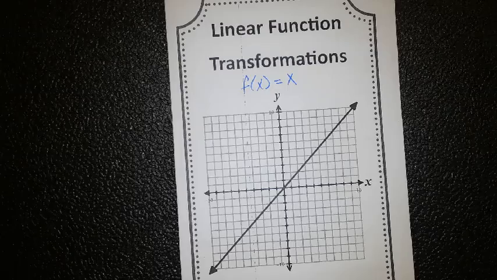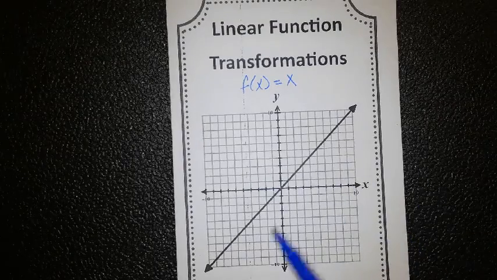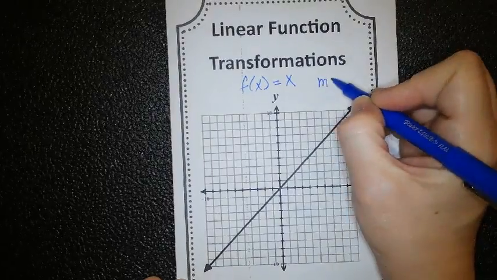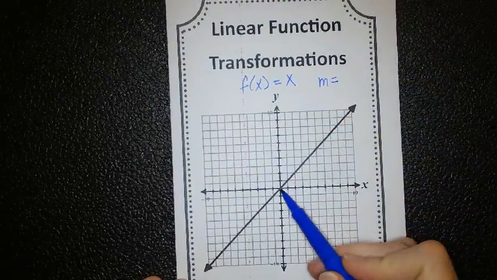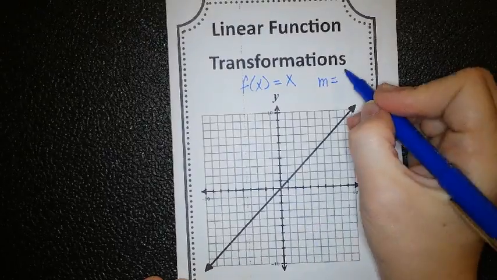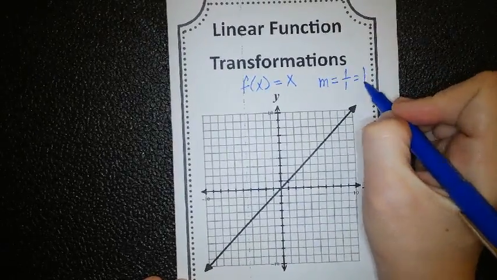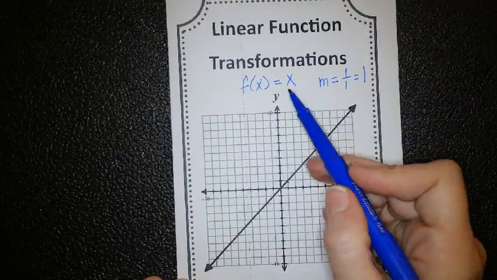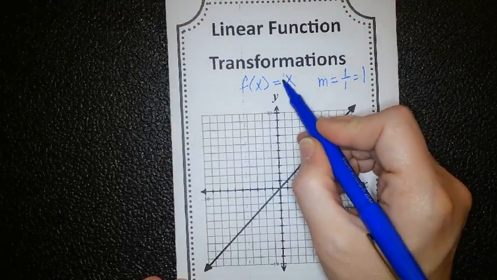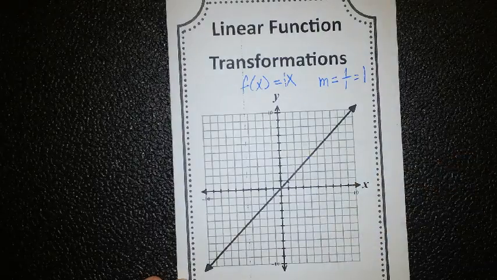So we want to notice that on the parent function that's graphed for us, the slope of the parent function is 1, because I can rise 1, run 1. So 1 over 1 is equal to 1. And I also can notice that just by looking in front of x here, there is the number 1. Invisible, but it's there.